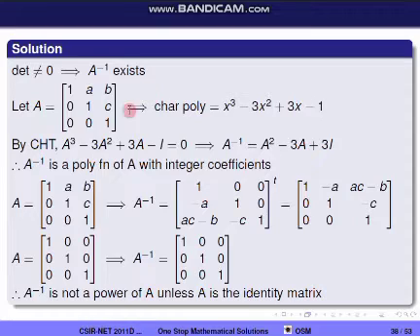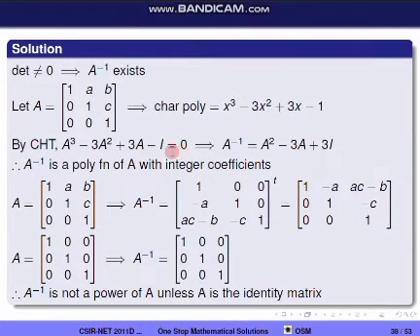So for 3 by 3, A looks like this. So the characteristic polynomial is equal to x cube minus trace, that is 3x square, plus sum of principal minors of order 2, that is 3, into x, minus determinant, that is 1. So we get the characteristic polynomial as this. By the Cayley-Hamilton theorem we get A cube minus 3A square plus 3A minus I is equal to 0.